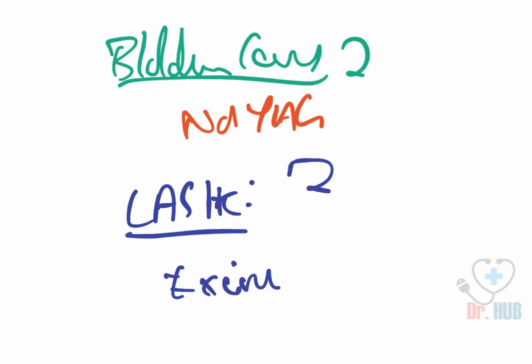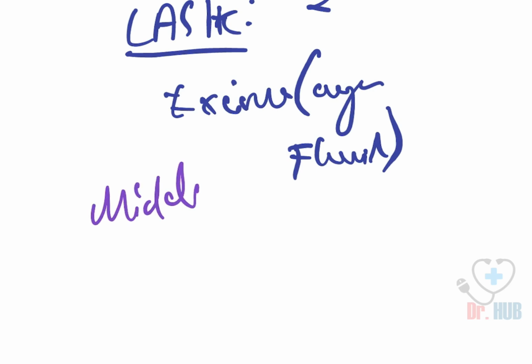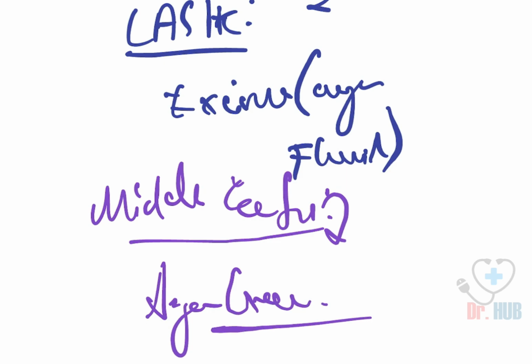So the excimer is used, that is nothing but the argon fluoride. Next, in case of the middle ear surgery, what is used? It is the argon green which is used.